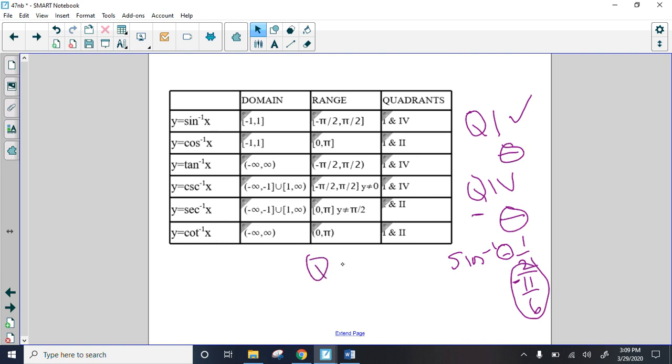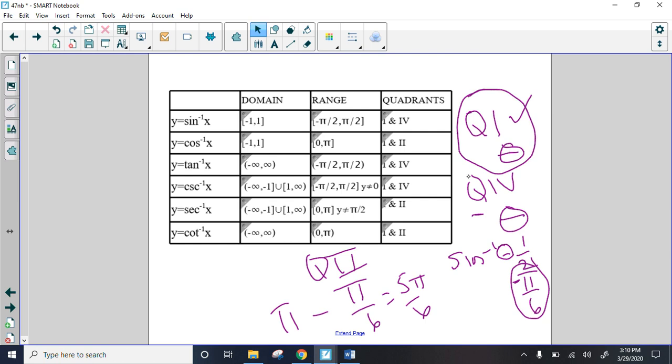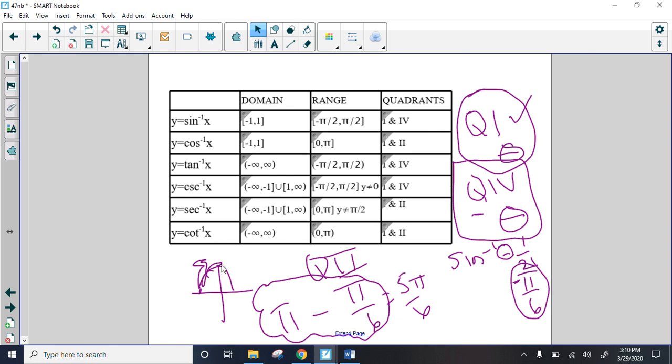So our quadrant 2 rule, if I have a reference angle of pi over 6, then all I need to do is go pi minus that to get 5 pi over 6. So in quadrant 1, you leave the angle alone. In quadrant 4, you stick a negative in front. And then in quadrant 2, you're going to go pi minus that reference angle.